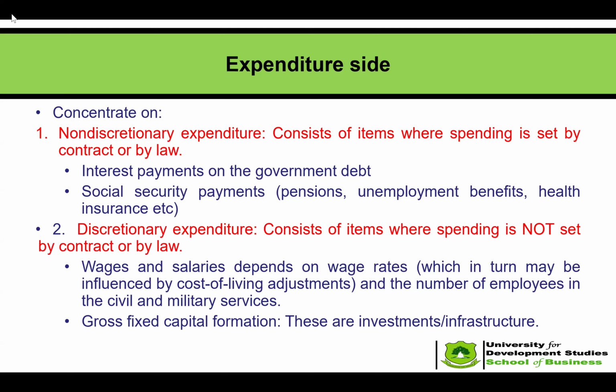In some countries with unemployment benefits, government pays those as well. These are non-discretionary expenditure. The second part is the discretionary expenditure, which are items that the government can alter or change without considering the law in most instances.